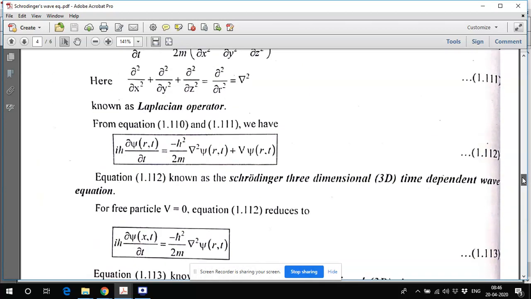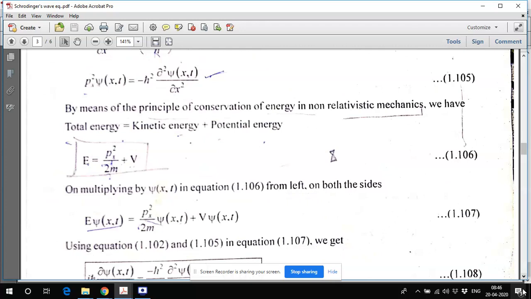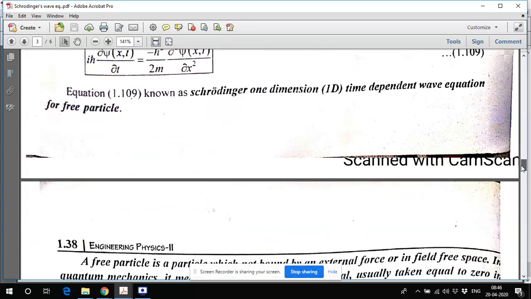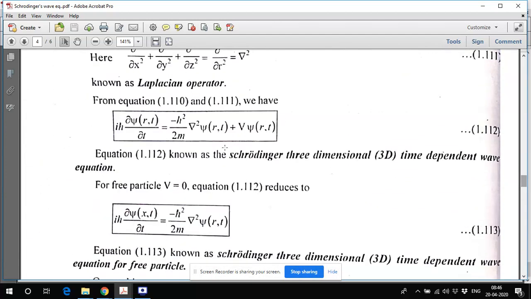Hence, we have derived this equation as the time-dependent one-dimensional Schrodinger equation where ψ(x,t) is there, and this equation as the time-dependent three-dimensional Schrodinger equation, where in place of x we have r. Thank you very much. Tomorrow we will discuss the application of the time-independent Schrodinger equation.